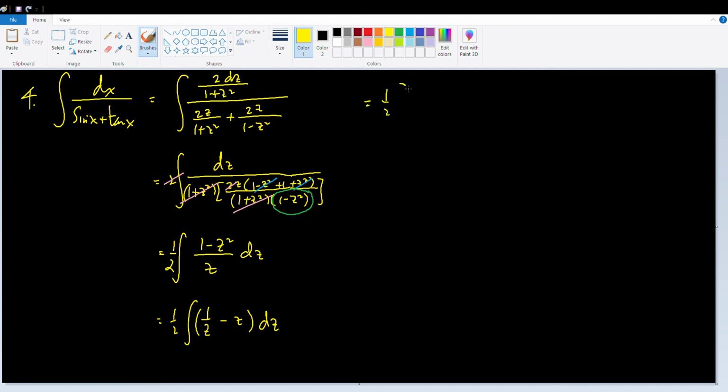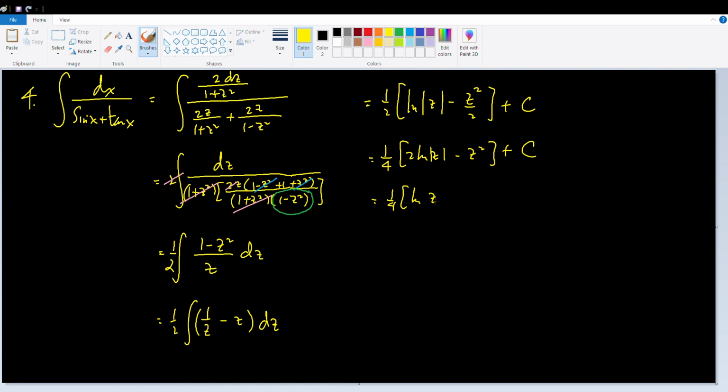Then we integrate. dc over c is ln absolute value of c, minus the integral of c dc, which is c squared over 2, plus c. We combine this: ln of c minus c squared over 2 is 2 ln c minus c squared over 2. So that becomes 1/4 times 2 ln of c minus c squared plus c, or 1/4 ln of c squared minus c squared plus c.